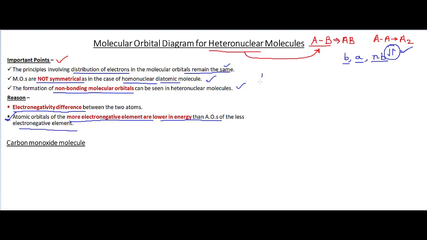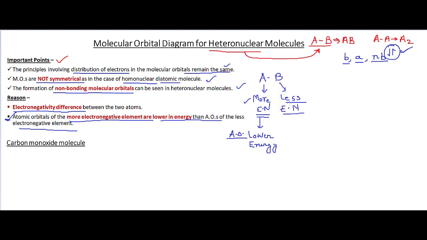That means if A and B are two atoms, and A is more electronegative and B is less electronegative, then the atomic orbitals of A will be located at a lower energy than the atomic orbitals of B. Why low energy?